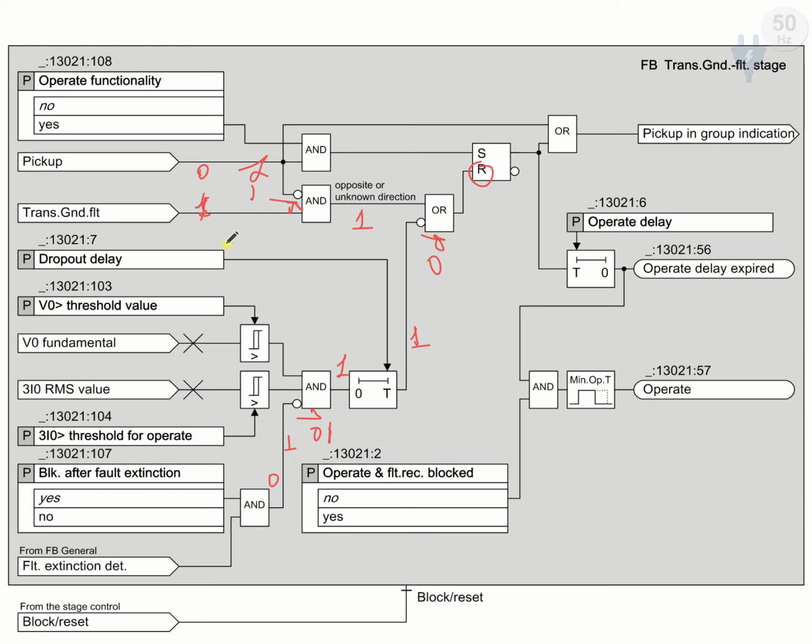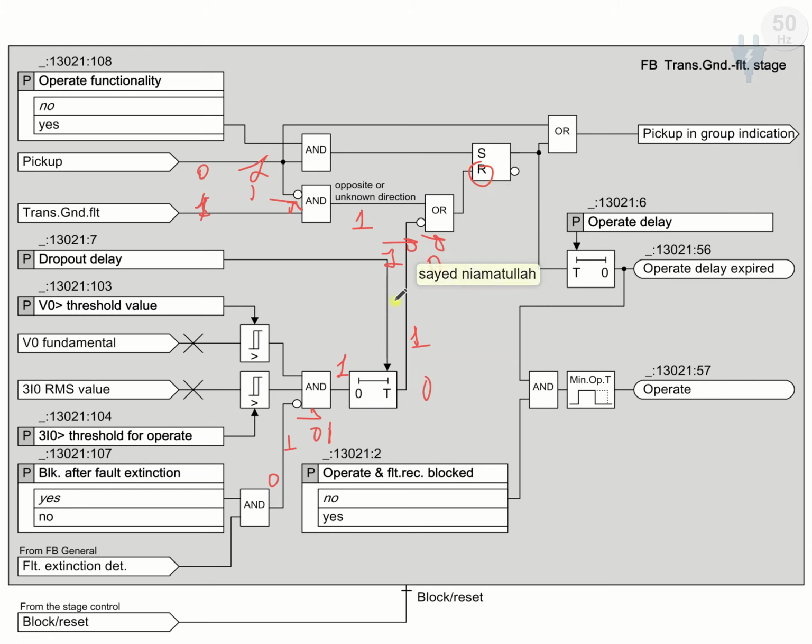But whenever it does not pass the dropout block, it means after the dropout delay it will go to 0. Now the inversion port is 1. This one will turn on this OR block, and it will reset our functionality.